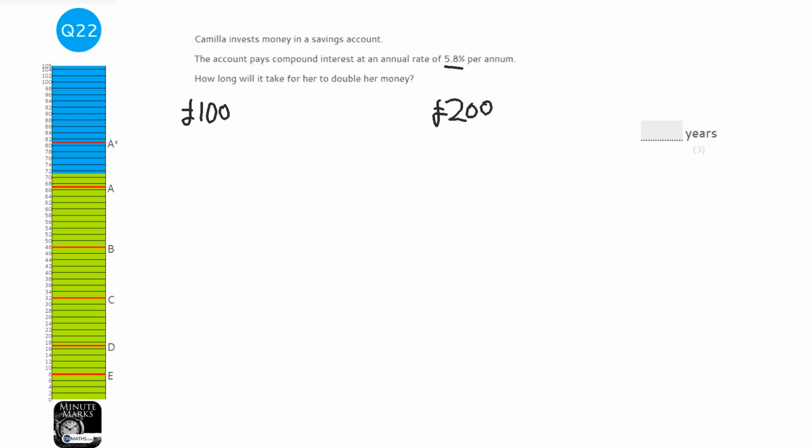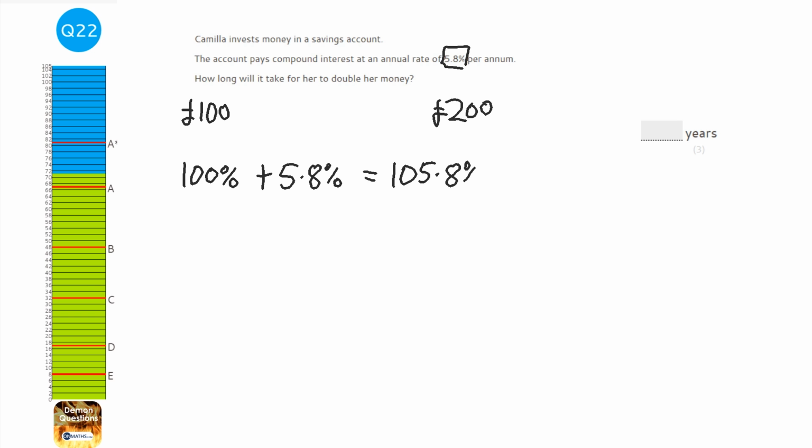So how are you going to do that? Well, first of all, you've got to convert this percentage into a multiplier. We're going to start off with 100%. Compound interest is money you get, so it's going to increase by 5.8%. So that means that we're going to end up with 105.8%.